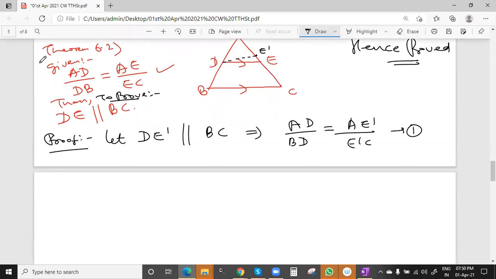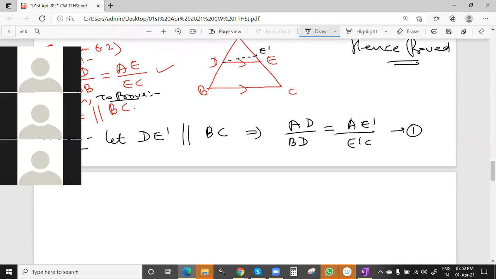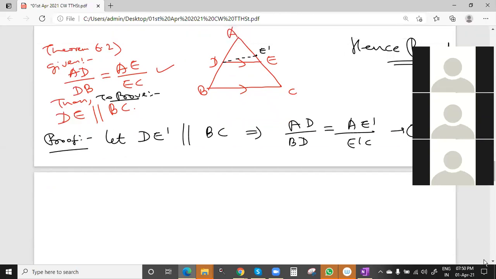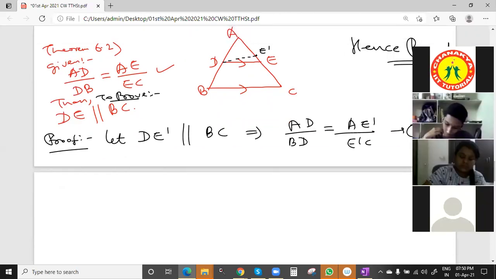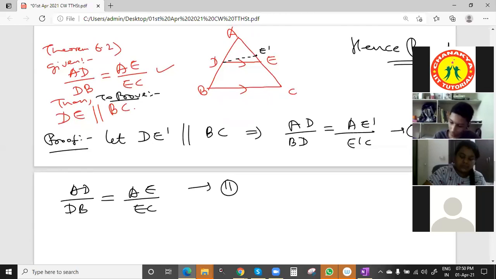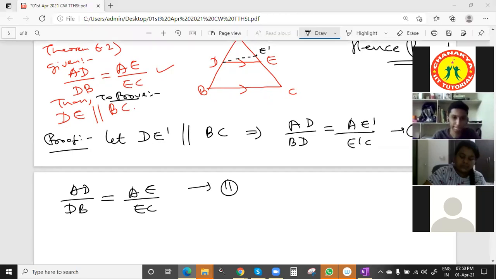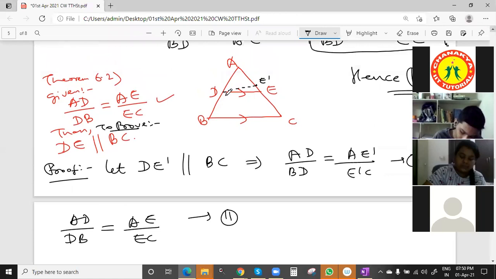The given value is AD by DB equal to AE by EC. So we have to take one point E dash such that DE dash is parallel to BC, because we have to prove DE parallel to BC.